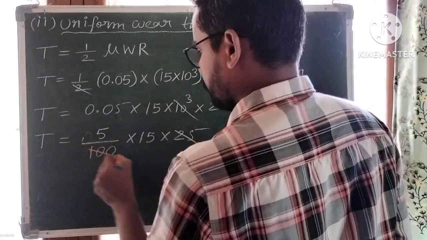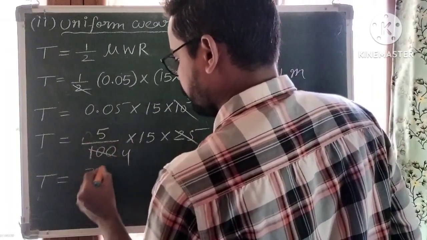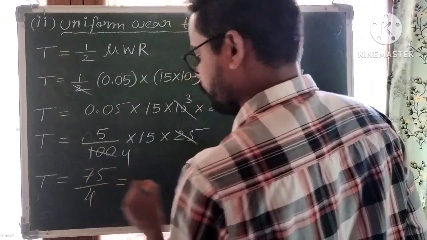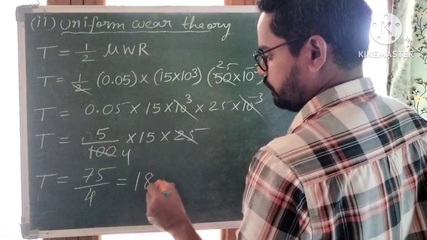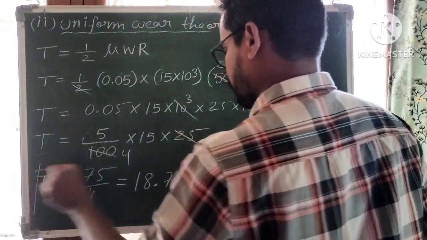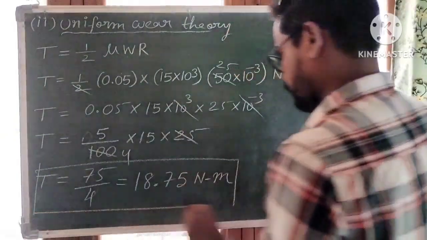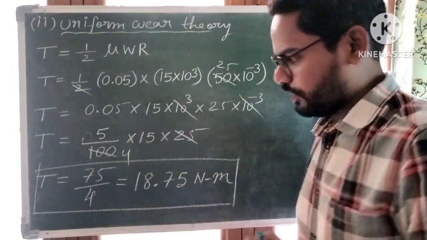So 25 ones and 25 fours. T is equal to 5 into 15 into 75... 75 by 4. If you calculate, you will get 18.75 Newton meter. Okay, this is the frictional torque of the bearing when we consider the uniform wear theory.